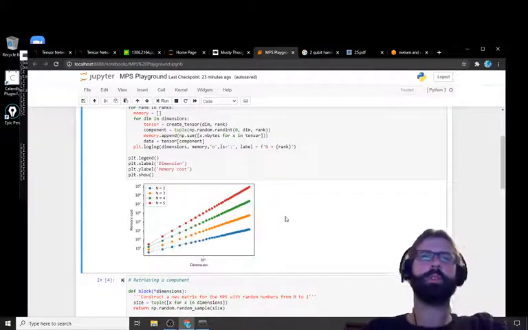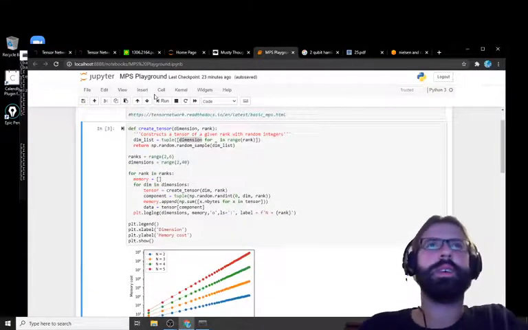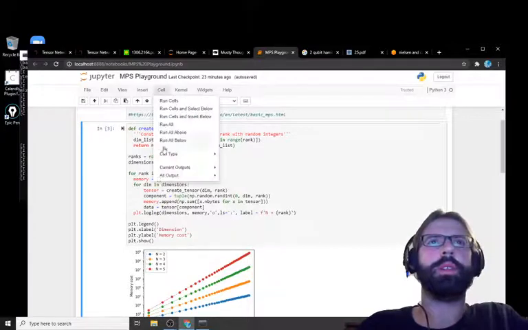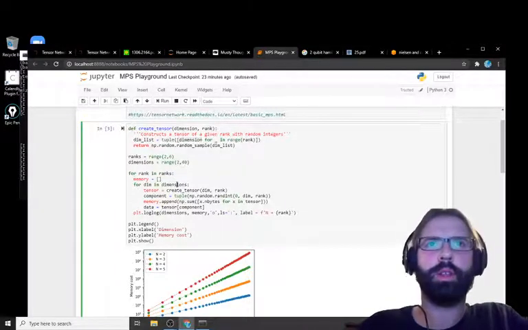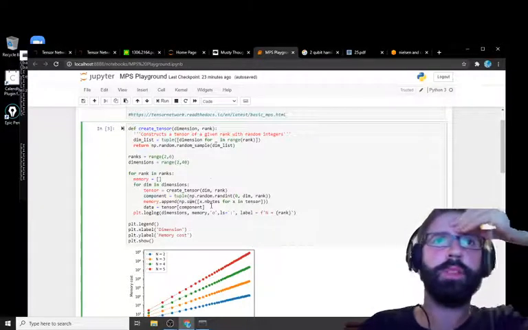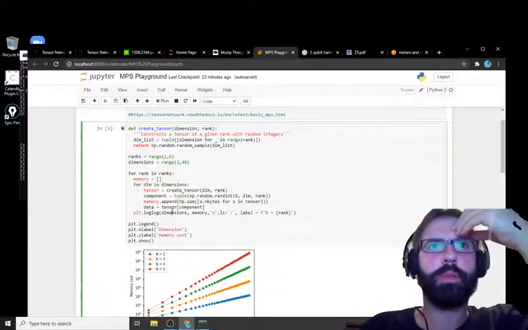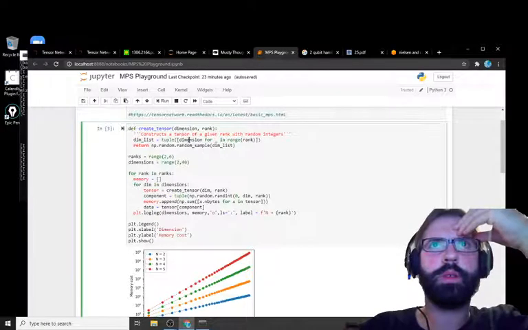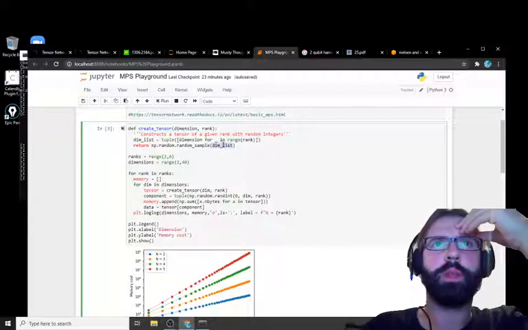Memory cost. Whatever. I feel like I should understand this, but I also don't want to waste time with this. Dimension, and then sample dimensions list.